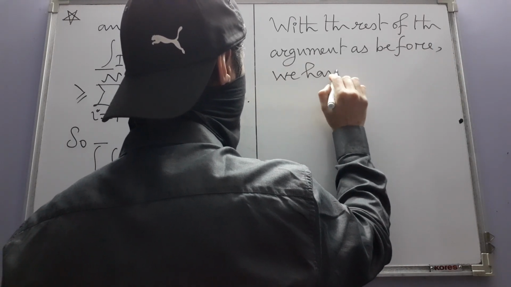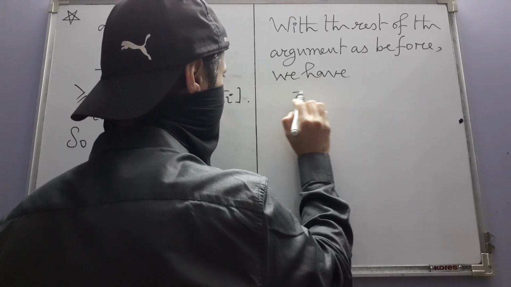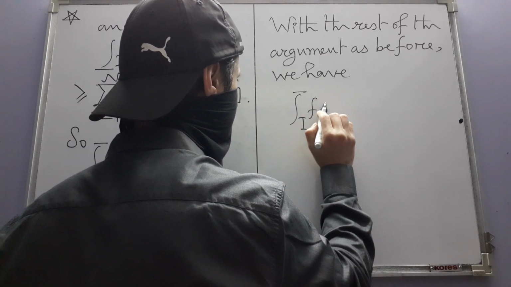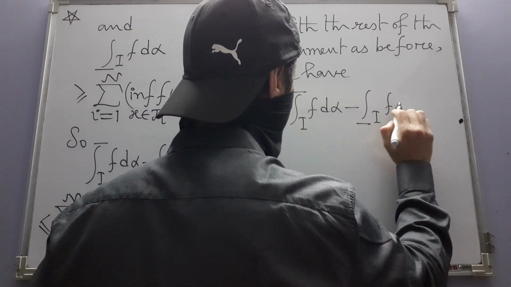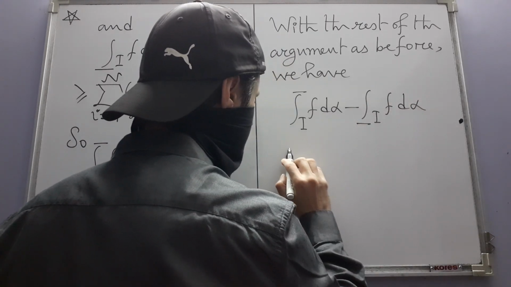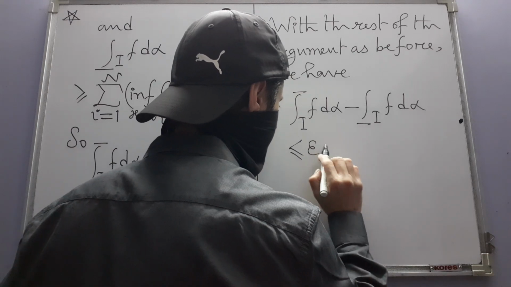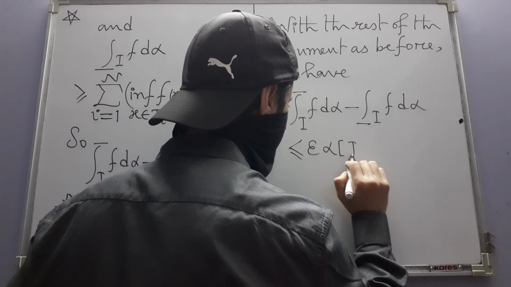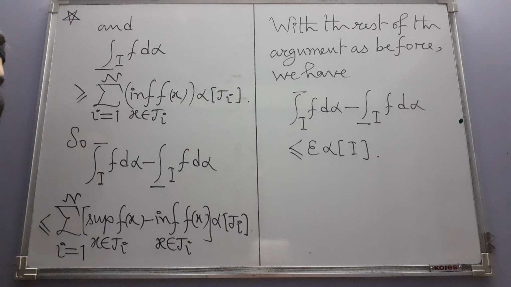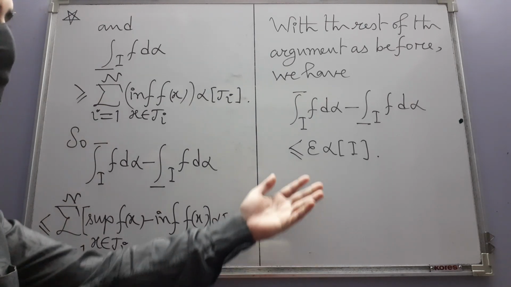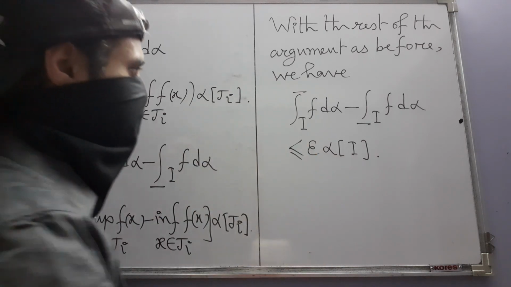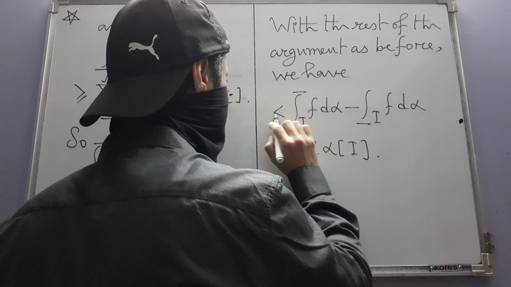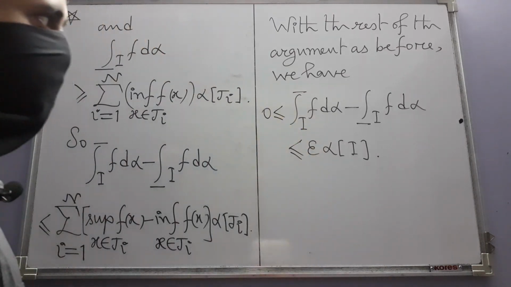We have upper minus lower is less than or equal to epsilon times the alpha length of I. Now since epsilon is arbitrary, you know what to do after this, and also this is greater than or equal to 0.